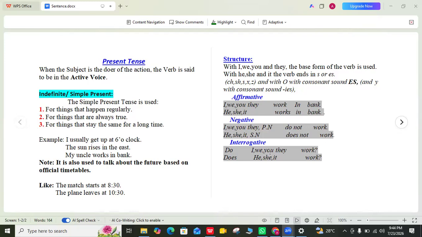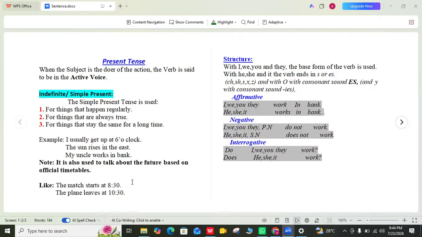So what is the definition of this? The simple present tense is used for things that happen regularly. You will use this tense for those things which are happening regularly, such as I usually get up at 6 o'clock because it is a daily routine habit. So you will use present indefinite.